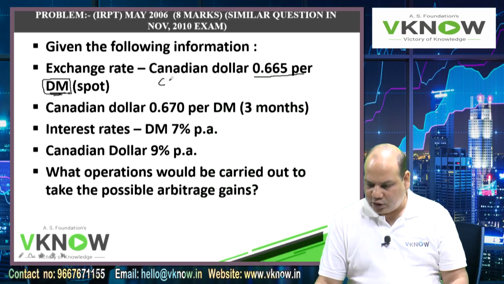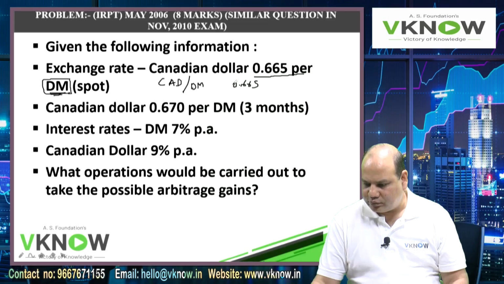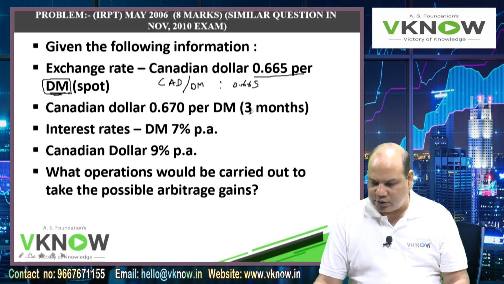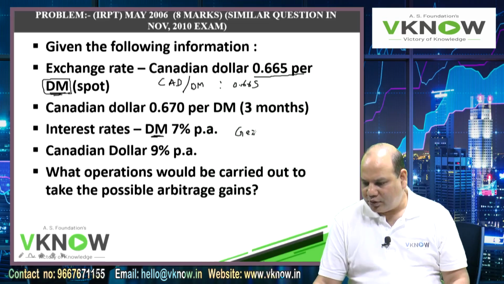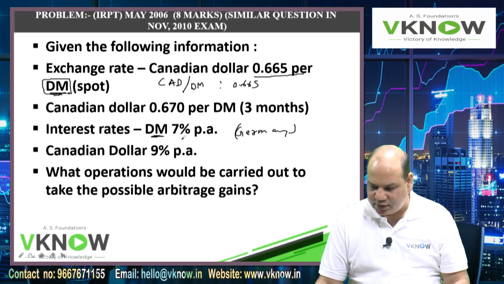So what you are given is CAD per DM 0.665 spot, and CAD per DM 0.670. That is your forward rate for 3 months. Interest rate in DM, meaning Germany, is 7% and interest rate in Canada is 9%.